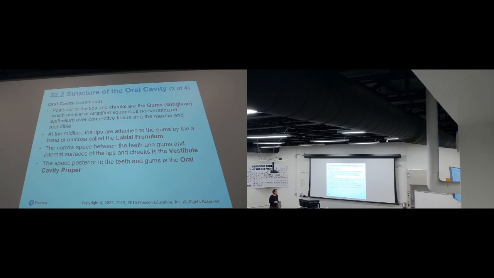Okay, so now the oral cavity is covered by a mucosa that we know as gingiva, and the gingiva in our teeth has a sulcus. That sulcus can be colonized by bacteria, and that bacteria can break down the tissue and then can cause gingivitis, and that can lead to destruction of the periodontal ligament that holds the teeth into the maxilla and the mandible, and you can lose teeth.